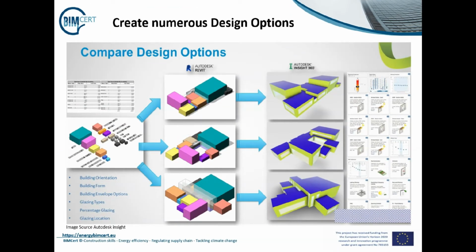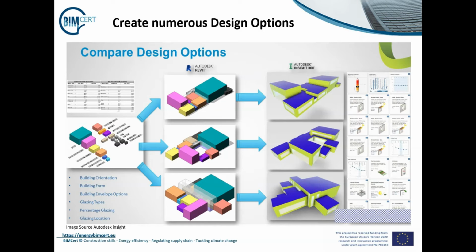So to recap, numerous packages can be integrated together in order to find an optimum design solution. If Formit was used to provide a conceptual design, this can be integrated into Insight to provide an understanding of the analysis, and this can help the client in the selection of the most sustainable and economically friendly option.